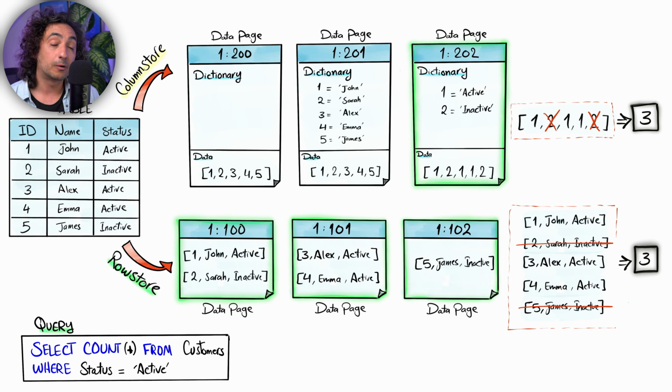It didn't open any extra data pages. It exactly gets the data that it needs for the aggregation. And that's exactly why the performance of queries where we have aggregations and data analysis is gonna be very fast if you are using Columnstore compared to the Rowstore. So that's why we use Columnstore for big data and data analytics.